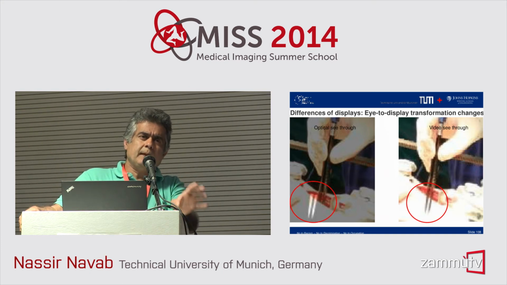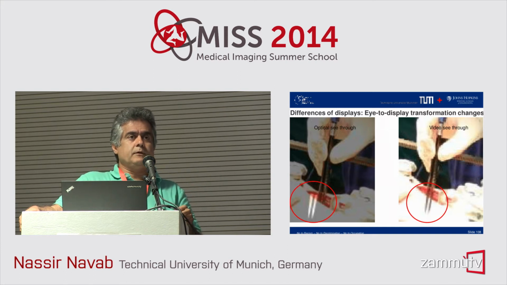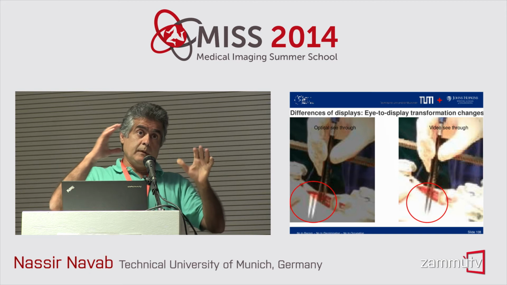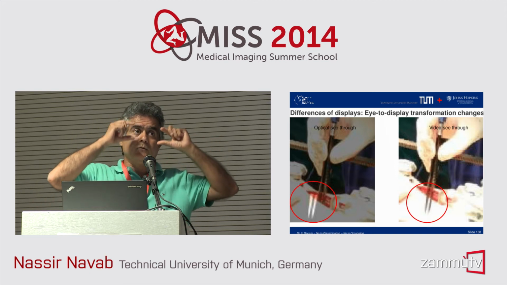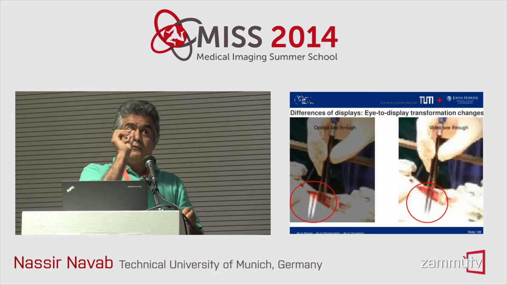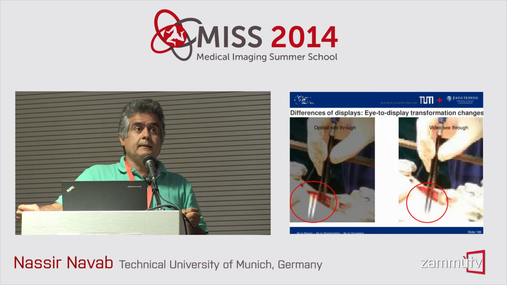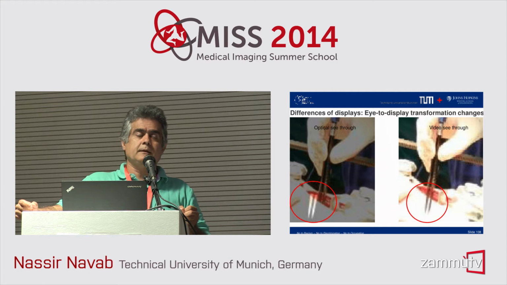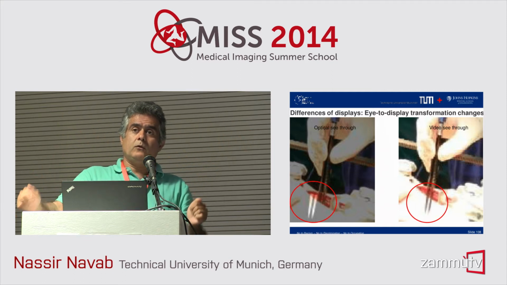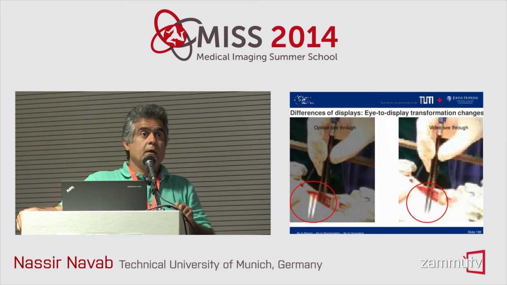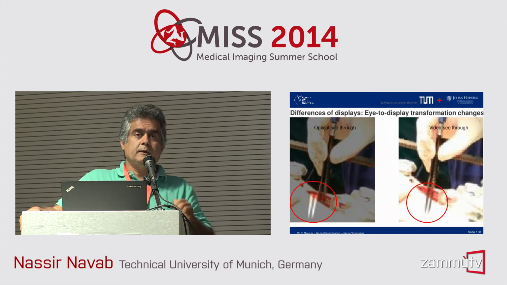So there were some methods we tried to improve it. For example, there is a method we published in 2001 where you do a projection matrix estimation, and then you suppose that as you move it, you're only changing a few parameters of shear, scale or rotation, and you only adjust those few parameters, not the whole 11 or 15 parameters of your projection matrix, depending on whether you take it as affine or perspective.